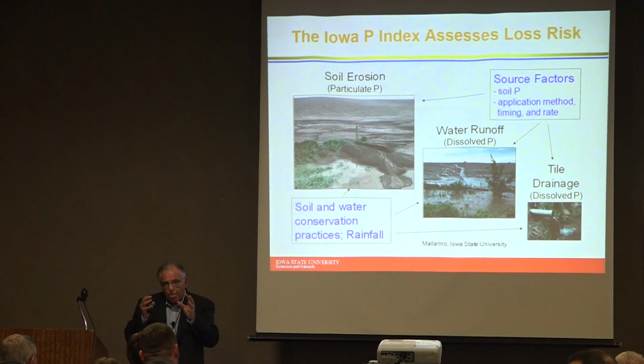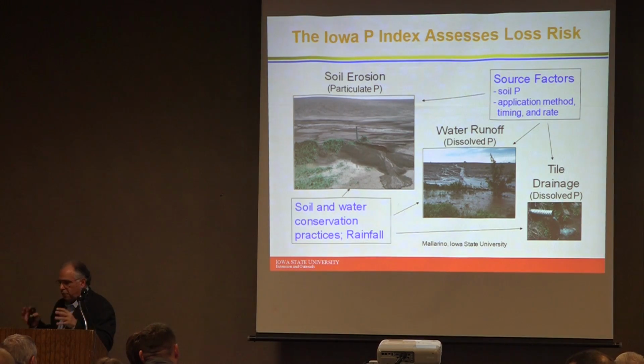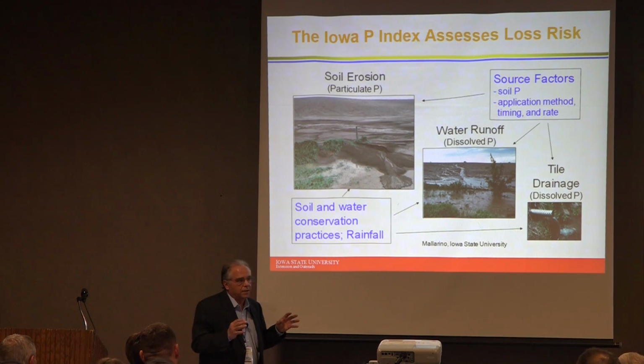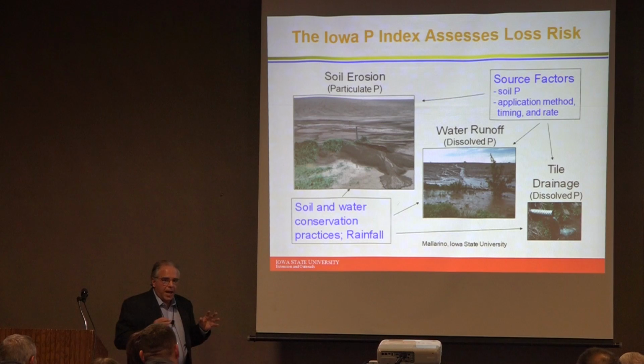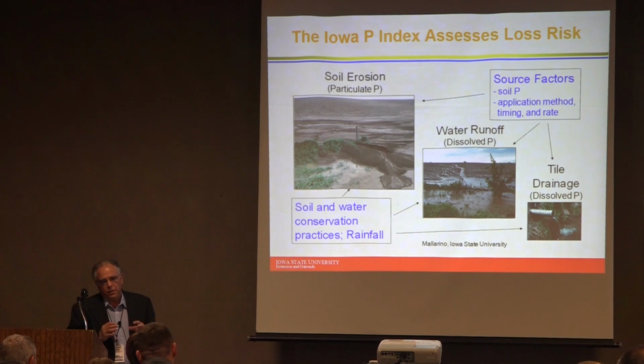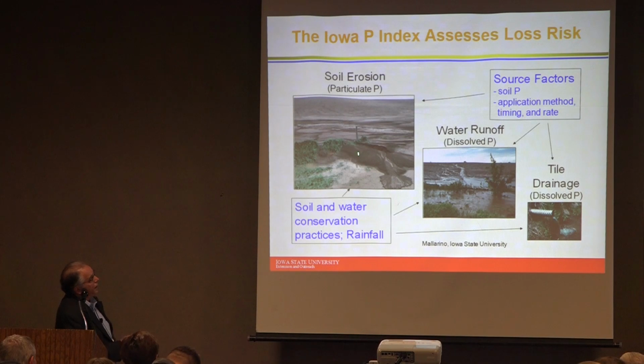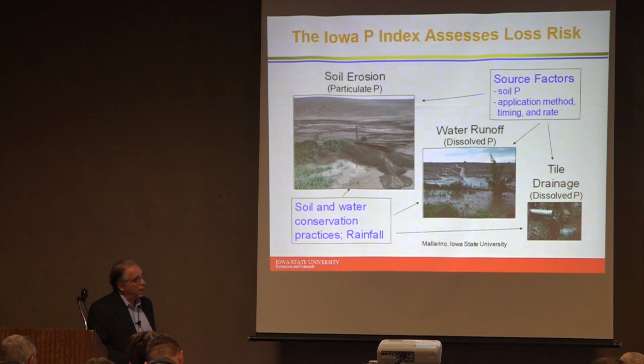It is clear that we need a comprehensive risk assessment tool, with soil test and just the optimum rates. That's not enough for reducing the impact of phosphorus management on water quality. And I'm going to talk about the P index, but we have the source factors, the soil and water conservation practices, etc. I'm talking just mainly about the source factors now.